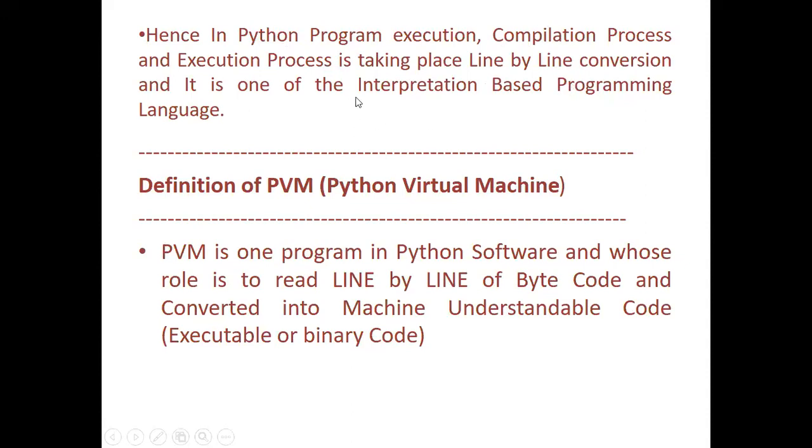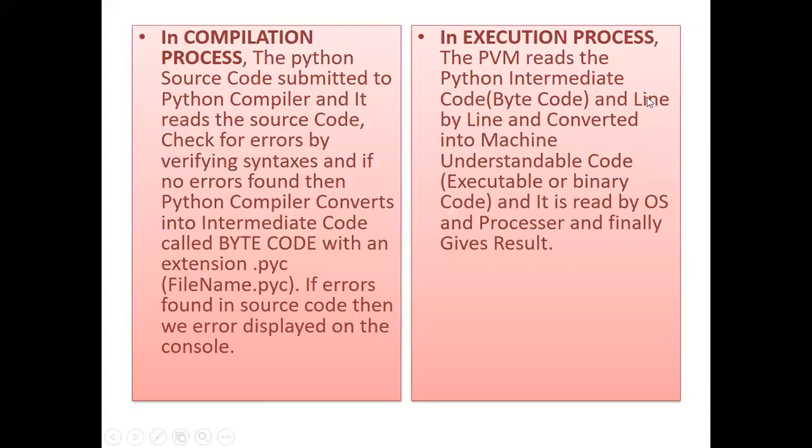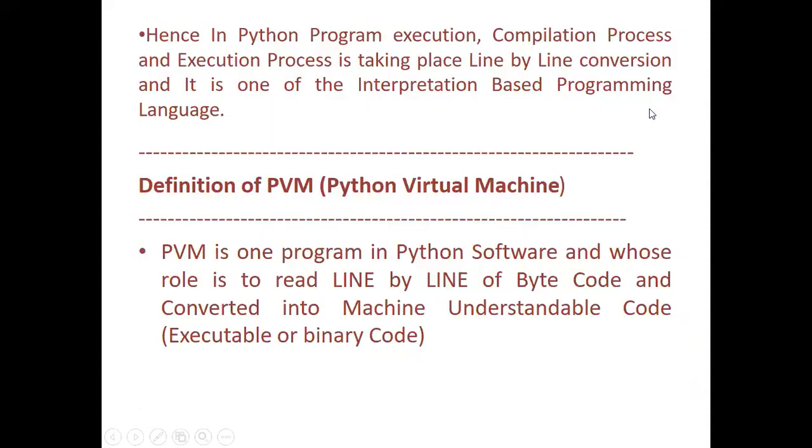It is one of the interpretation-based programming languages. Now, what do we understand by PVM? As I've told you, PVM reads the Python intermediate code. PVM means Python Virtual Machine. It is one program in the Python software.